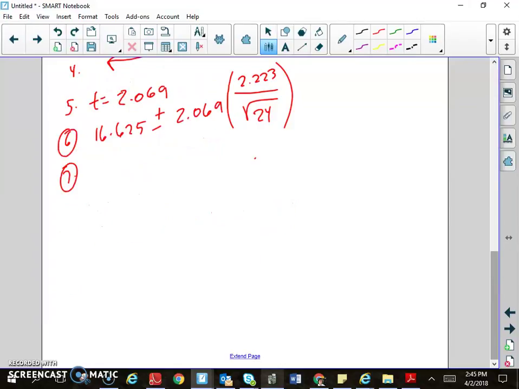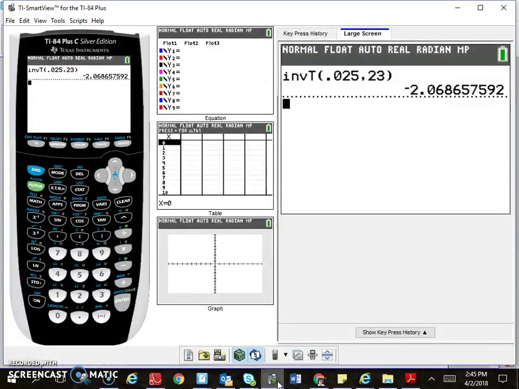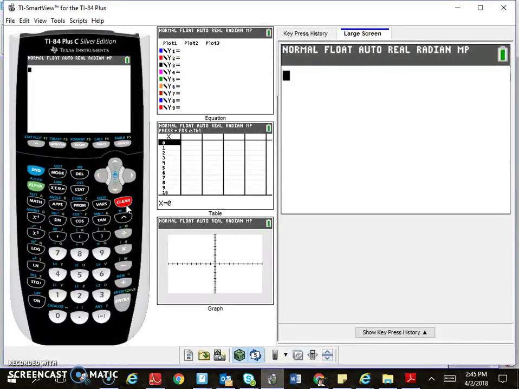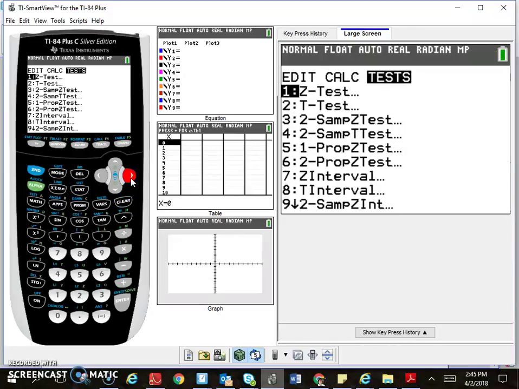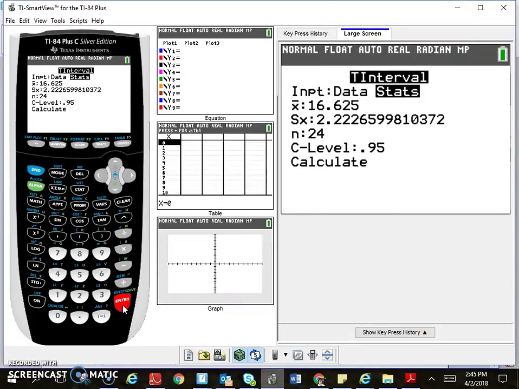Step 7 is where you actually write it out. So you come back over here, just like you did last week. Go to stat. Scroll over to test. Which one are you going to use now? T interval, so you're going to choose option 8. Option 8, then enter stats.